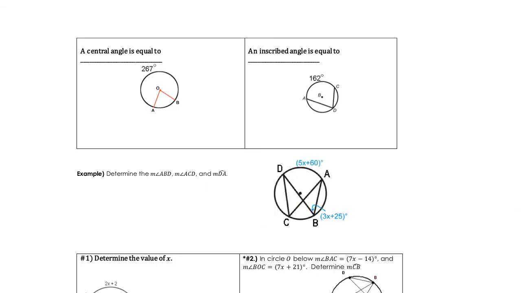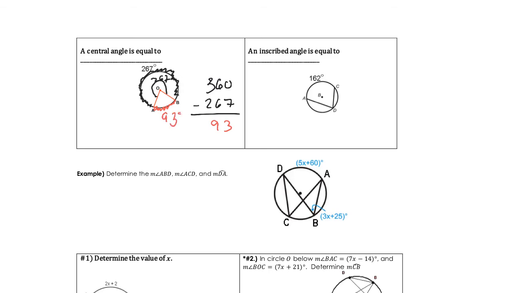So if we were going to fill in everything on this circle, if this arc is 267 degrees, then this central angle is also 267 degrees. Then if we wanted to figure out arc AB, I would have to subtract, since a whole circle is 360, and I have 267 already, I would get 93.